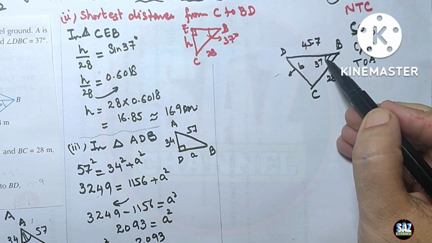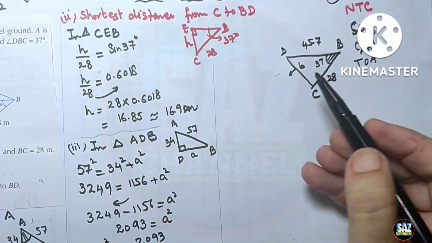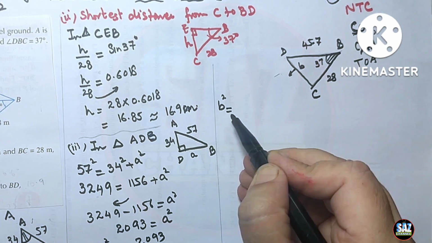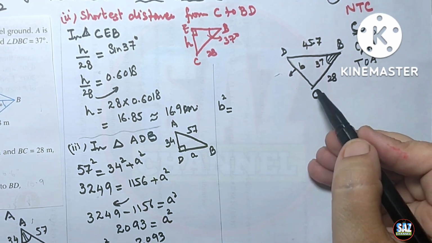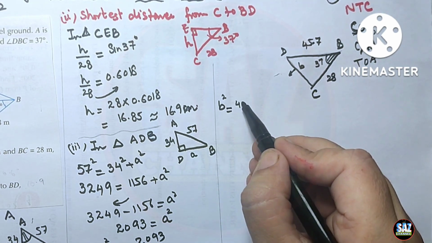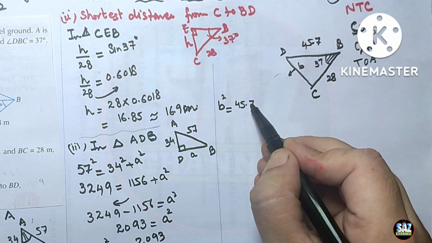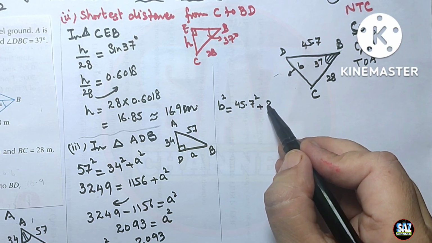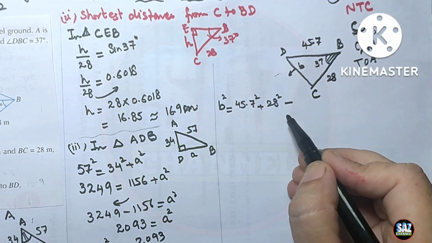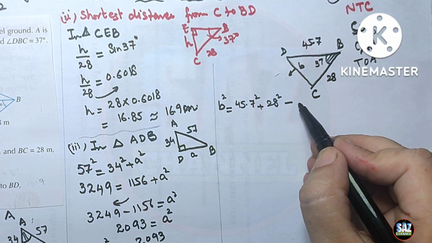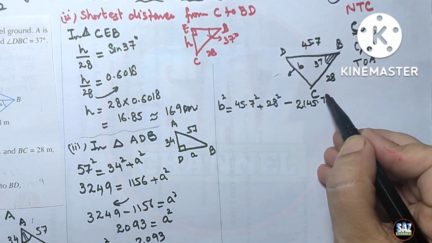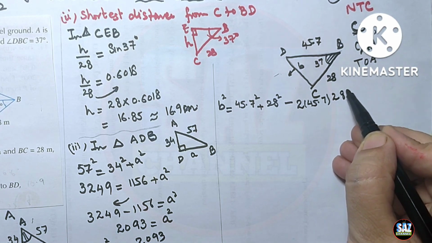So b square will be equal to 45.7 square plus 28 square minus 2 into 45.7 into 28 into cos 37 degrees.